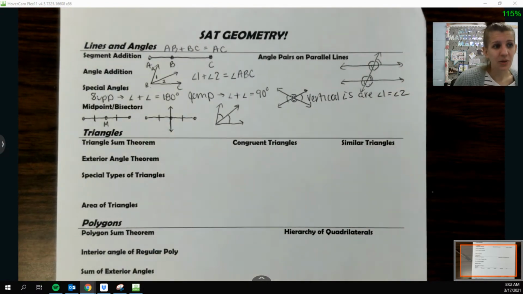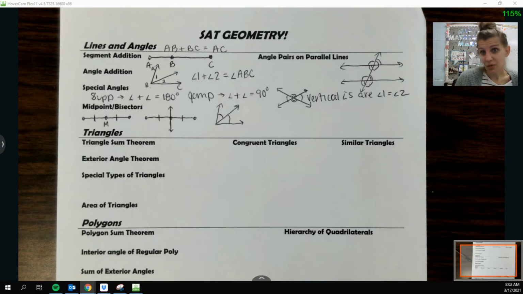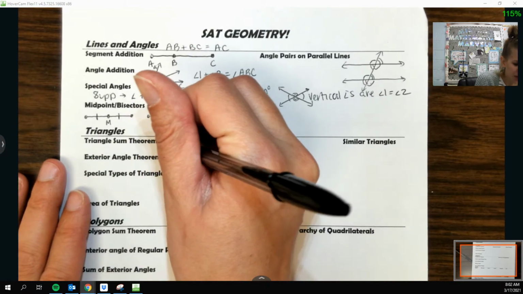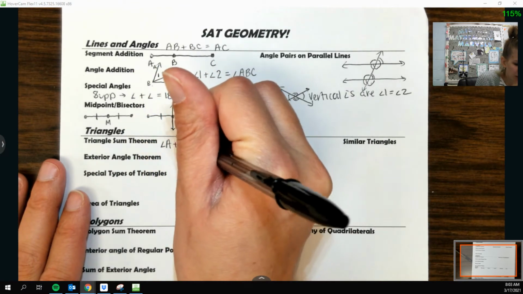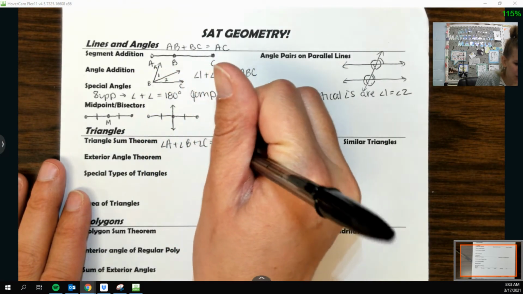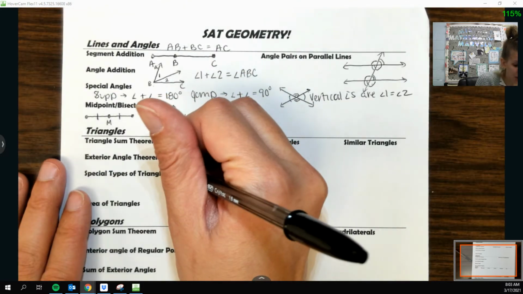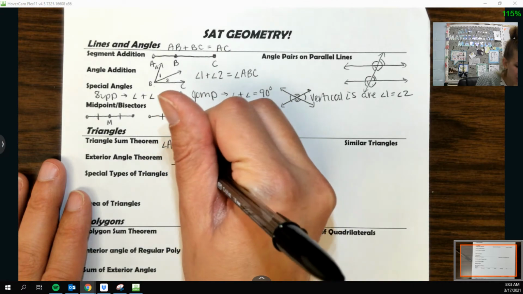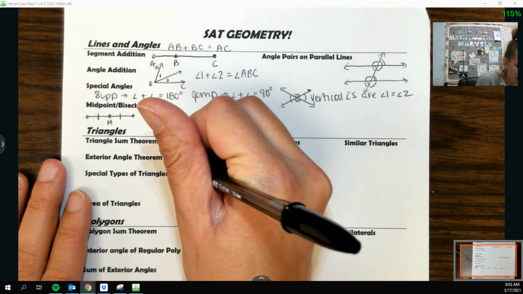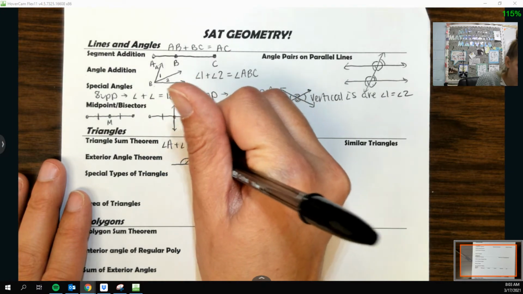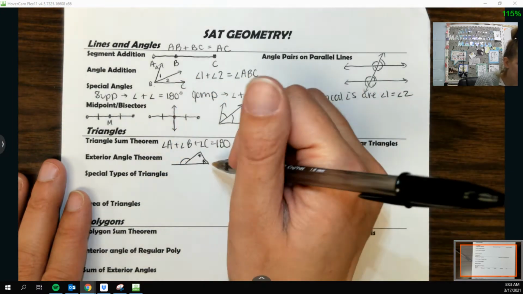The next thing that we come to in geometry is triangles. We're in triangle land for a real long time, and you've got the most basic one, the triangle sum theorem. That's where the three angles in a triangle add up to equal 180. You also have the exterior angle theorem, where if you have a triangle with a little tail, that outside angle right there will always add up to equal the two inside ones.